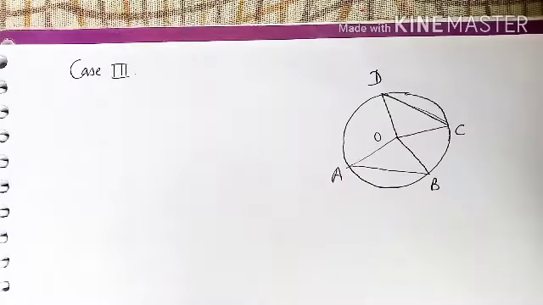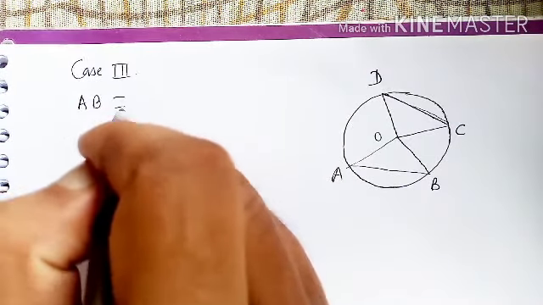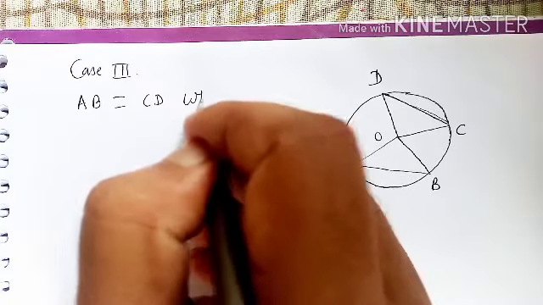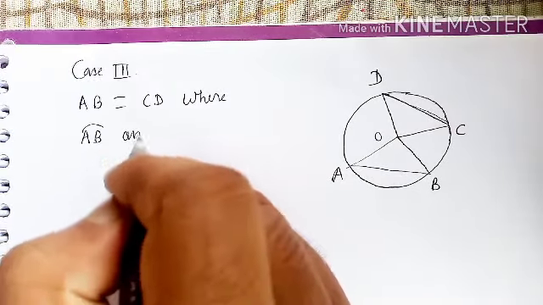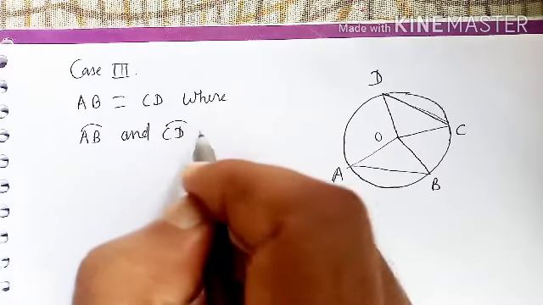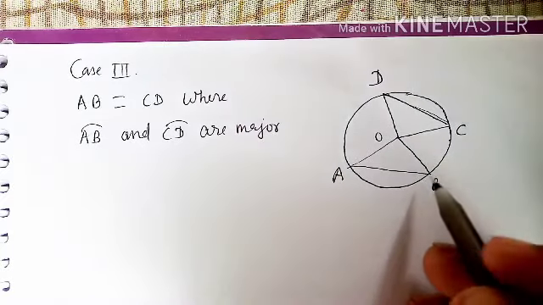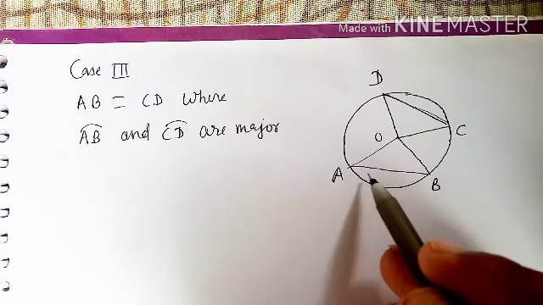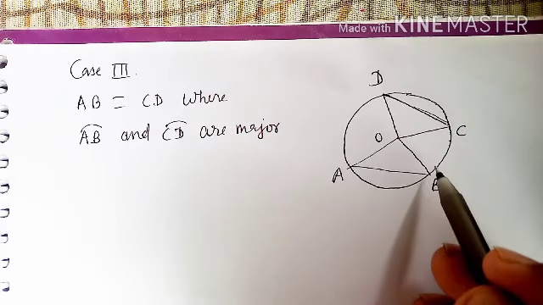Case 3: when chord AB is equal to chord CD, where arc AB and arc CD are major, meaning arc AB is this one and arc CD is this one.